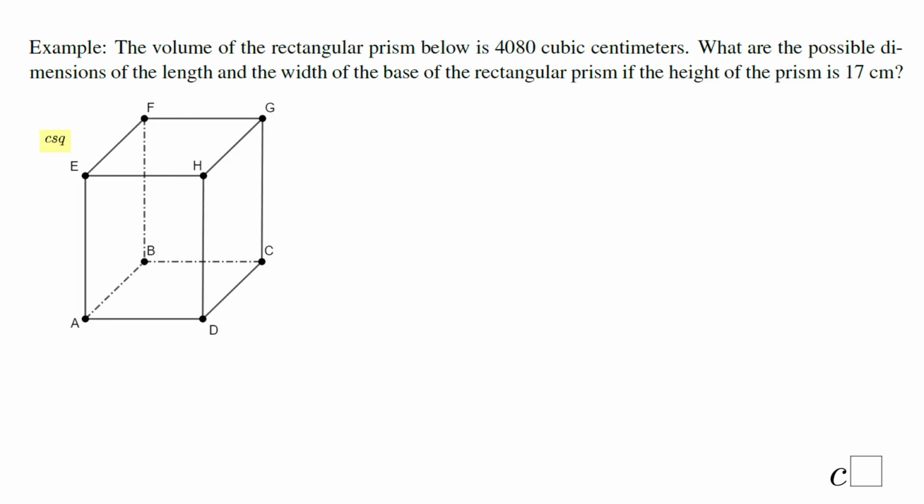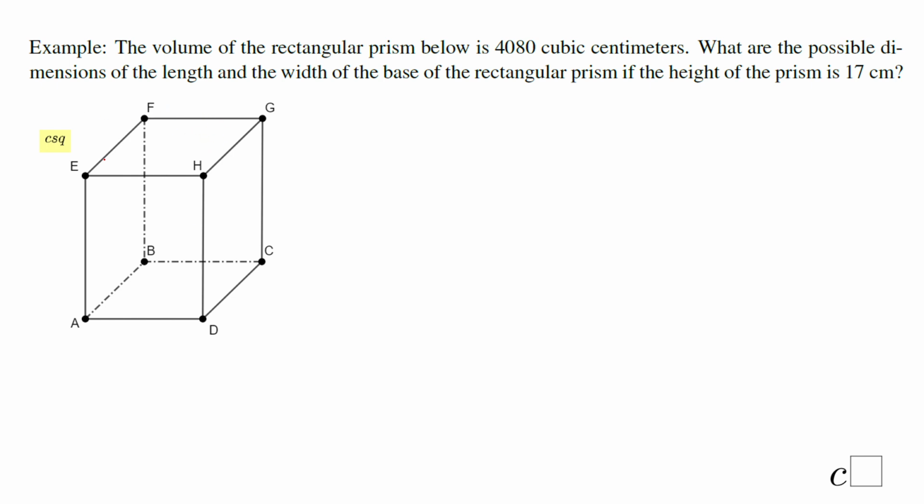In the next problem, we're gonna take a look at some other problem involving prism and cylinder. The volume of a rectangular prism is 480 cubic centimeters. What are the possible dimensions of the length and the width of the base of the rectangular prism if the height of the prism is 17 centimeters?